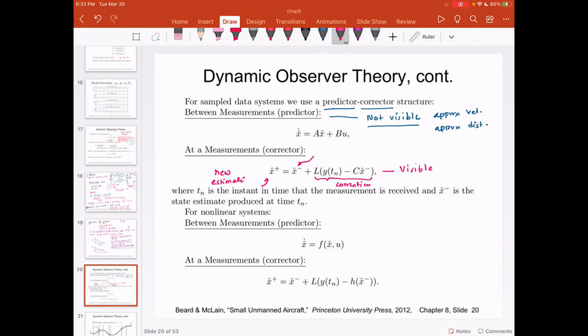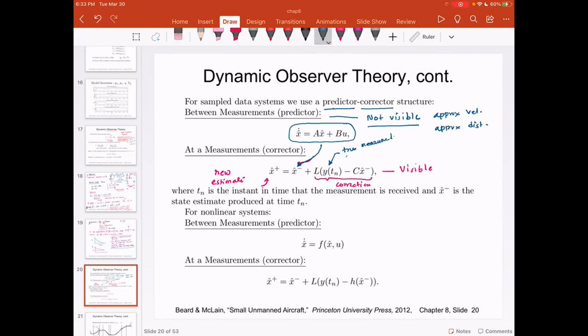Okay, one thing I want you to understand is we are using the predictor and corrector system. It means we have a dynamic model, and this dynamic model is used when the actual measurement is not available to come up with this estimate. But this estimate is corrected as soon as the true measurement is available.